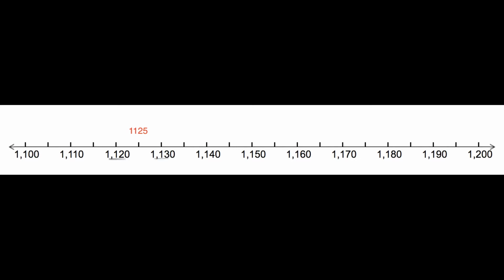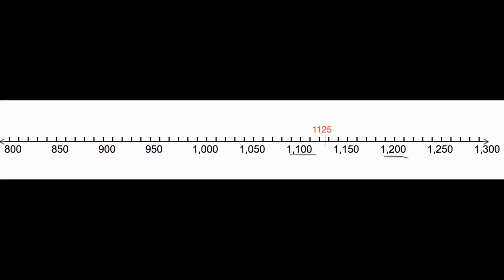A known fact in rounding is that when you have an in-between number like 5, we commonly round up. So any number that is 5 and above, we would round upwards, and any number that is below 5, we would round downward. Given our example number here, we would round upwards towards 1130 instead of going downwards towards 1120.